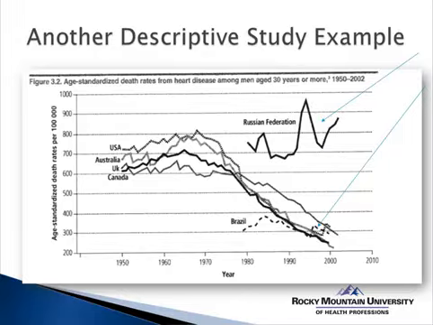Another descriptive example, looking at the USA, Australia, UK, Canada, looking at age-standardized death rates from heart disease, men 30 and over, and seeing that there was a downward trend becoming essentially similar to those experienced in Brazil. At the same time, an upward trend in those individuals in the Russian Federation.